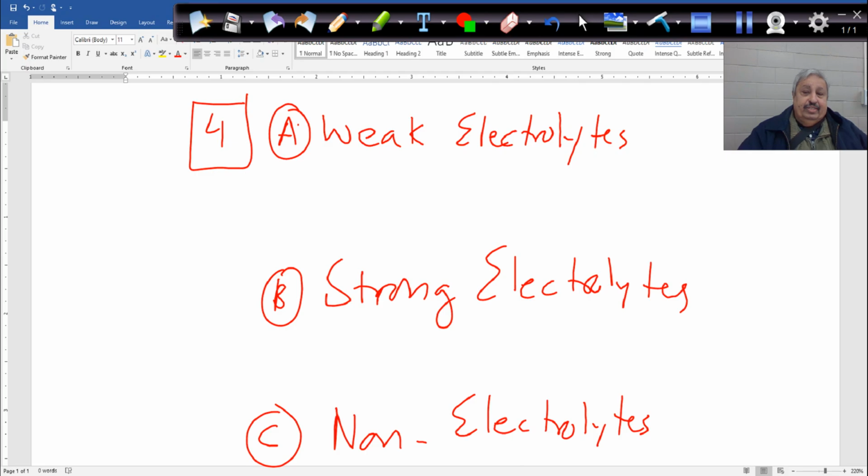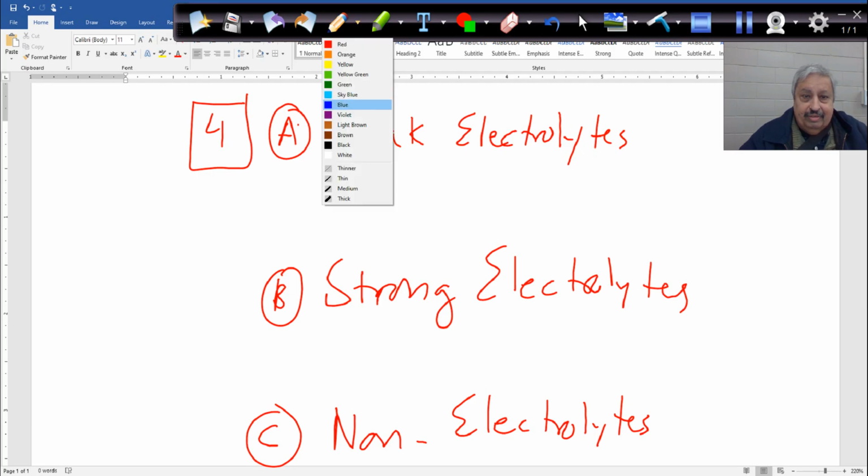So we said an electrolyte is a compound that's dissolved in H2O and produces ions. Let's do the definition by itself so we can get it in our minds.